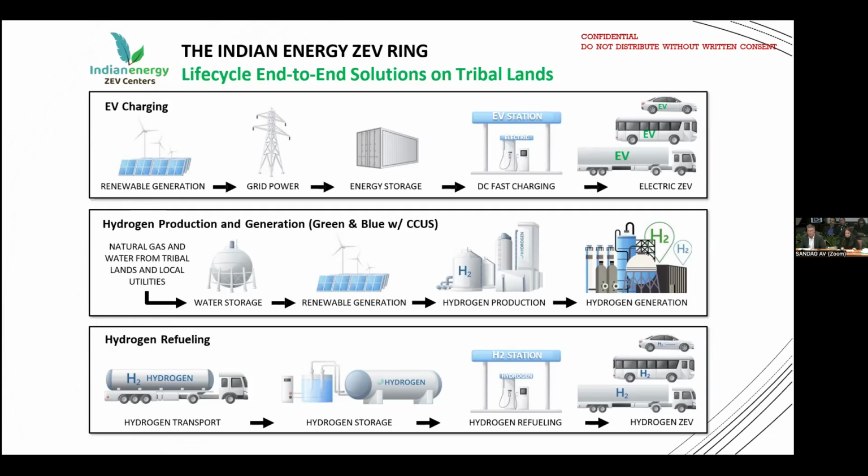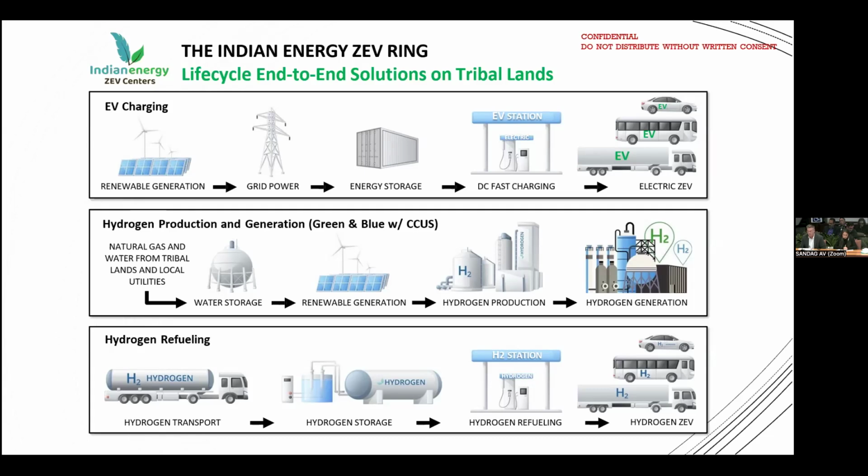This is all proposed to be on site on tribal lands with end-to-end solutions for generating on site to be able to provide energy to the electric vehicles, production of hydrogen on site to be able to not only provide hydrogen to the specific location, but then able to transport that hydrogen to other locations along the ZEV ring.